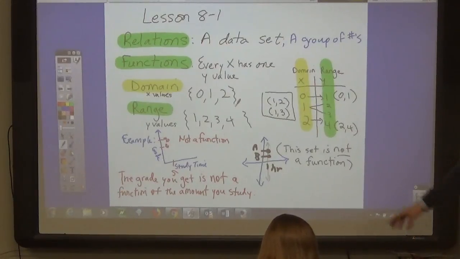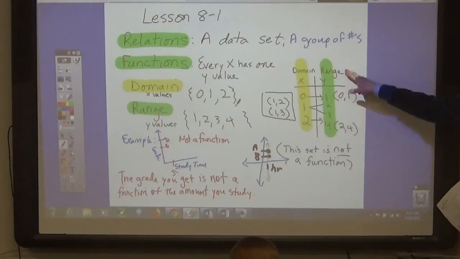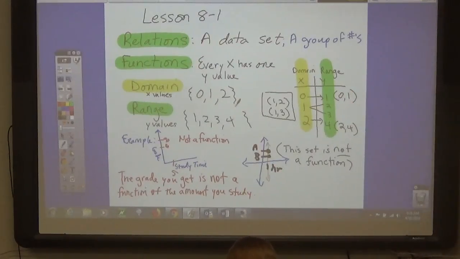Which word describes the group of numbers? The relation. Yep. It's a data set. The range of the data set are the what, Kaden? Which numbers? The Y numbers. Okay? Is everybody clear on what we're looking at?